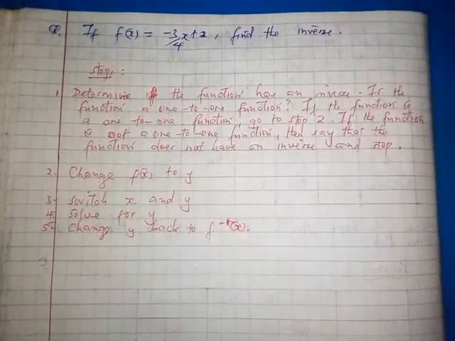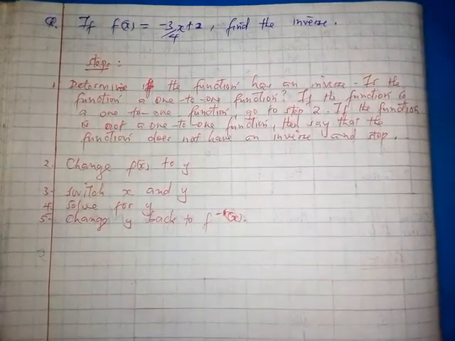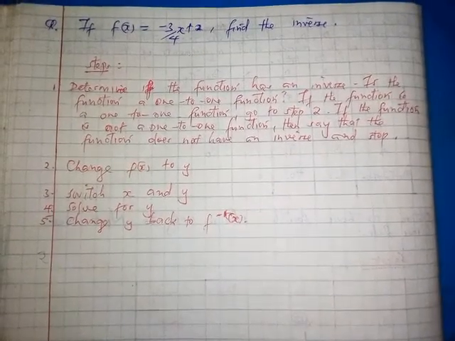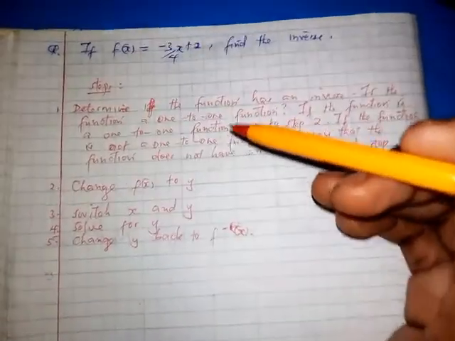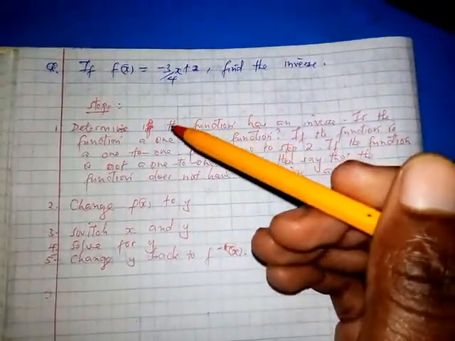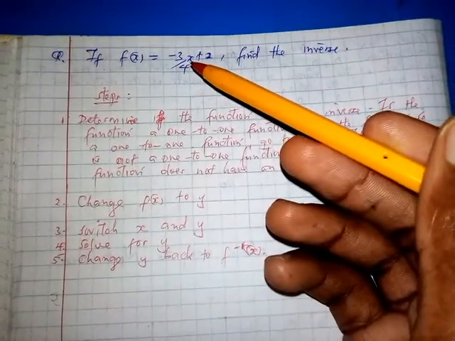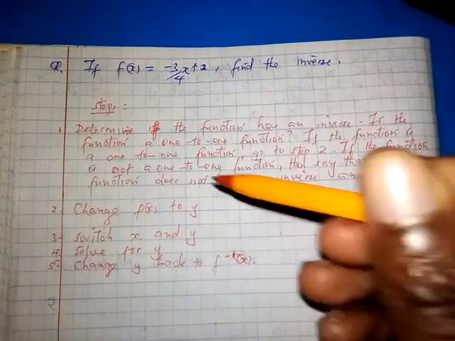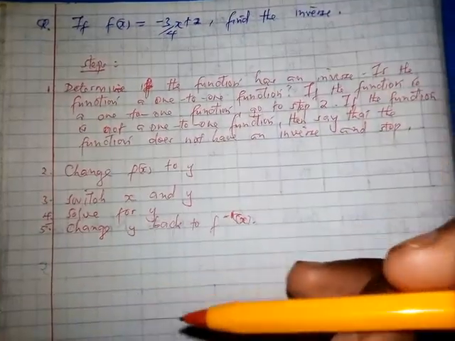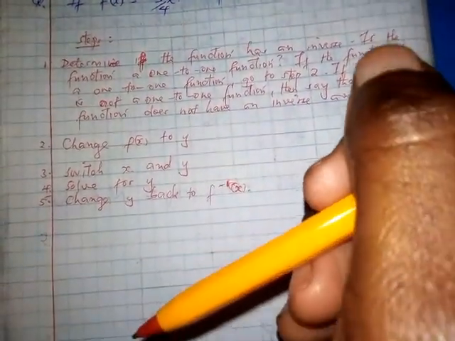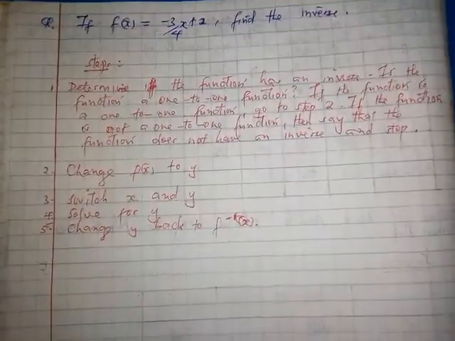So we start with the first step, to determine if the function has an inverse, if the function is a one-to-one function. To determine that f(x) equals negative 3x over 4 plus 2 is a one-to-one function, we need to look at the graph of f(x).